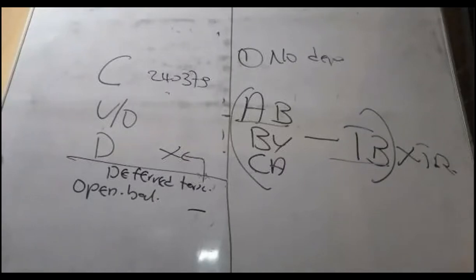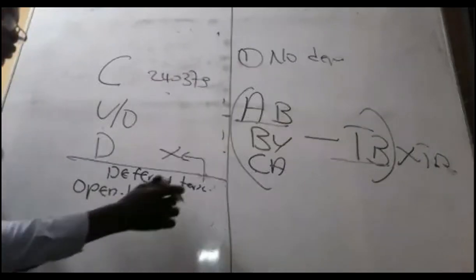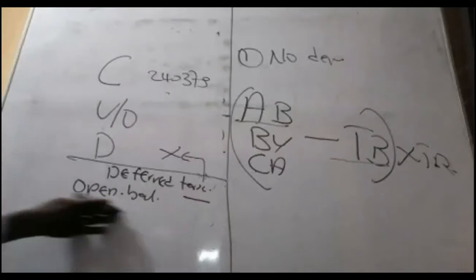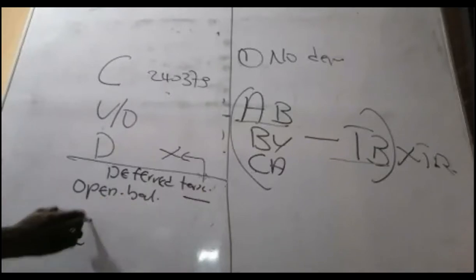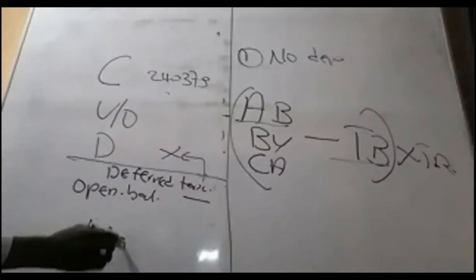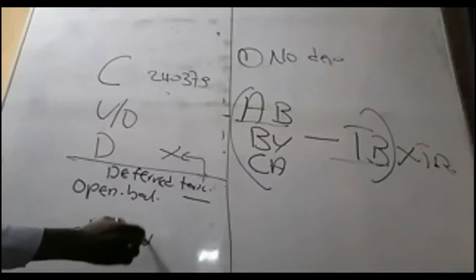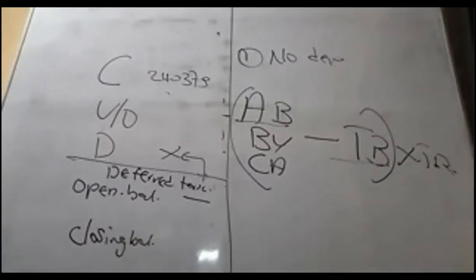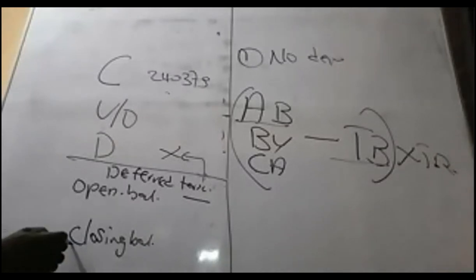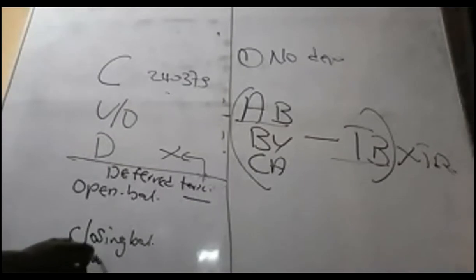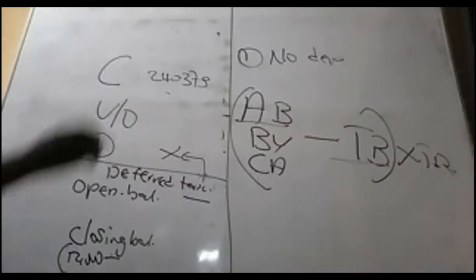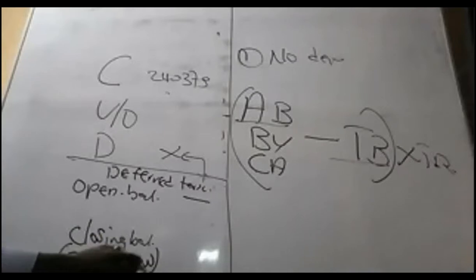So therefore, you put a dash here. Good. Then you leave space, then you write the closing balance. The closing balance is what we have to calculate. You open your brackets. The accounting base here is 12 million, minus the tax base, which is 9 million, times 25%.